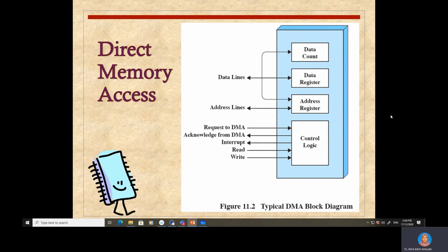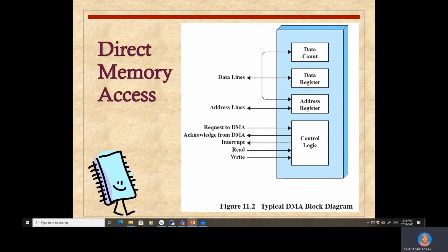So as you can see here, this is direct memory access, where there will be no control of the processor. And you can see in the figure here a typical DMA block diagram. The DMA block diagram consists of data count, data register, address register, and also control logic.